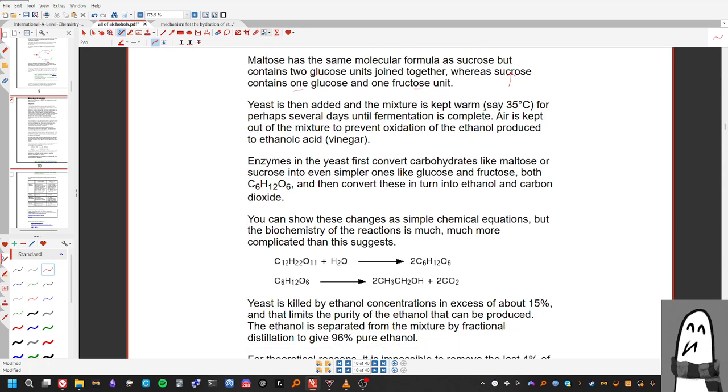Then yeast is added and this mixture is kept warm, at about 35 degrees, for perhaps several days until fermentation is completed. Air is kept out of the mixture to prevent oxidation of the ethanol produced to ethanoic acid. So this is kind of cool. You want to keep air out so that you prevent oxidation.